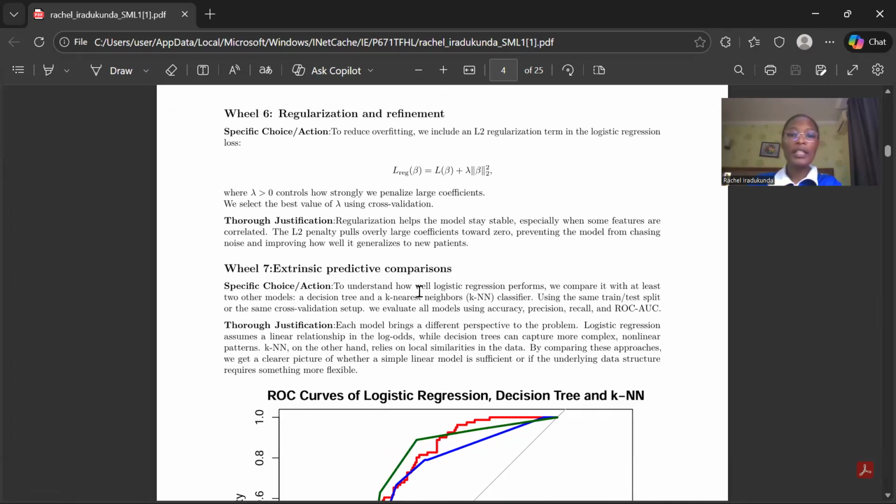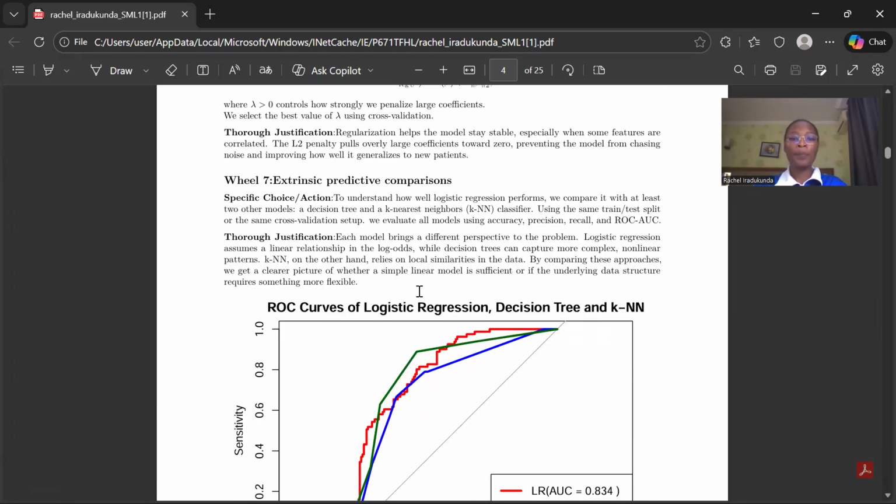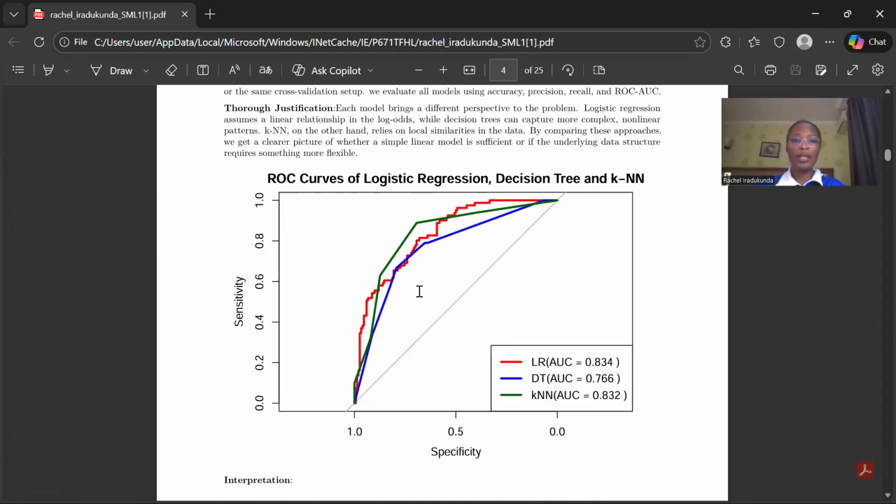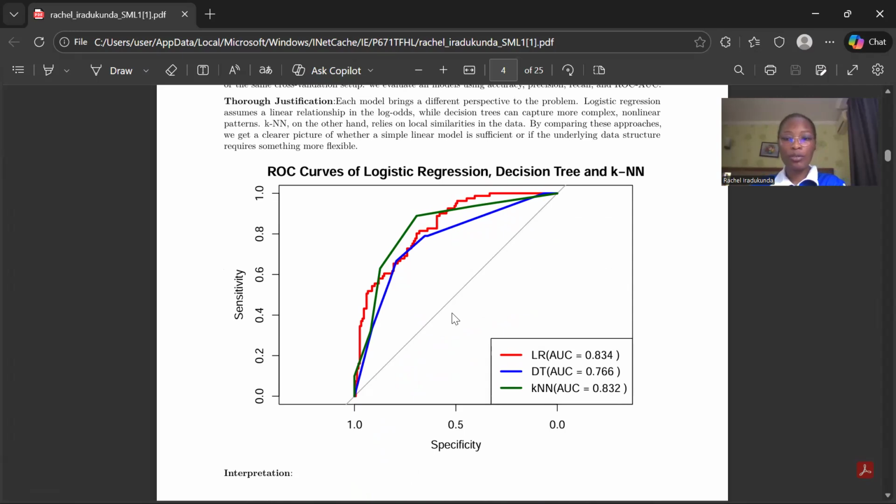At number 7, we can compare different methods and predict which is the best method for this data set. Here I used logistic regression, KNN, sorry, and decision tree. As you see on this graph, the decision tree is in blue, logistic regression in red, and the KNN in green.